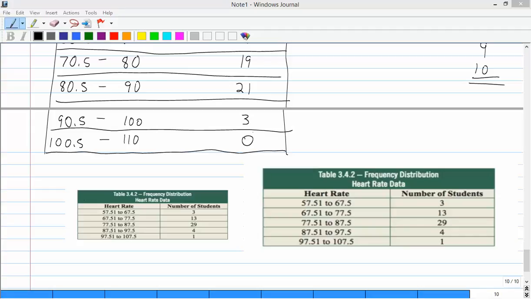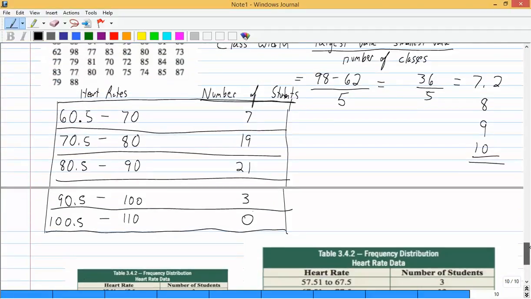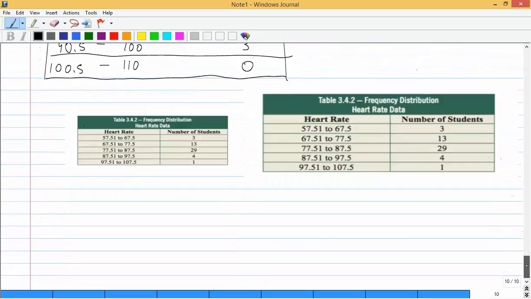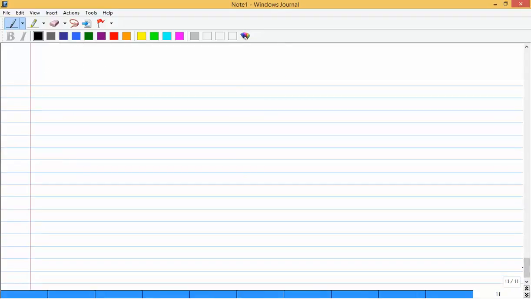Now this is just a regular frequency distribution. We could make this something called a relative frequency distribution, and it wouldn't take much more work to convert ours over. But of course, to do that, we would have to know what a relative frequency distribution is.